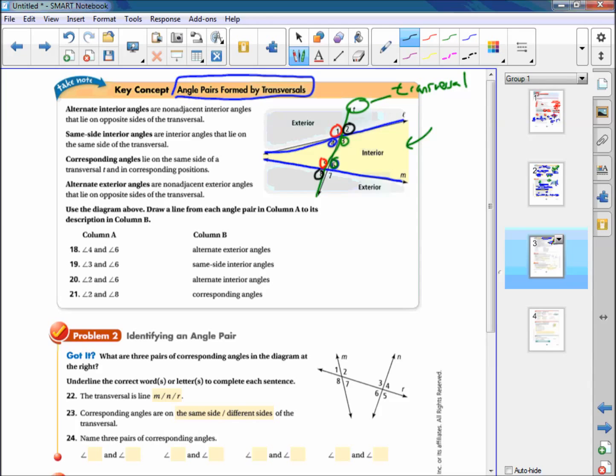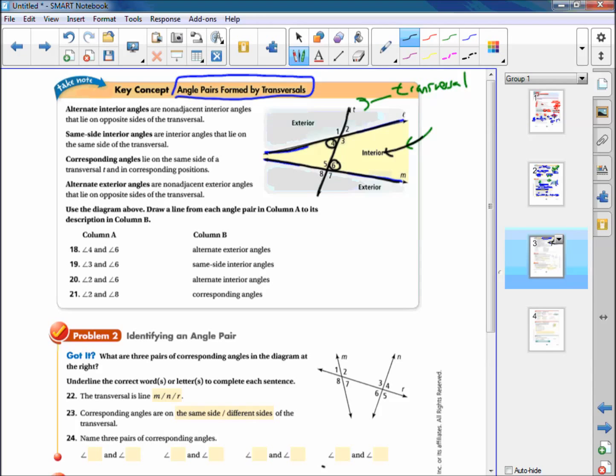Okay. So use the diagram above and draw a line from each angle pair in column A to column B. So let's erase again so we can see what's going on. Make it a little easier. So once again, here are our two lines. They're being cut by this transversal to form 8 different angles. And the first one we want to look at is angle 4 and angle 6. So angle 4 and 6 are in the interior, okay?